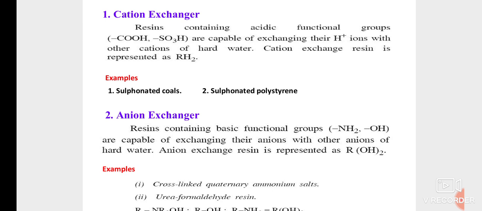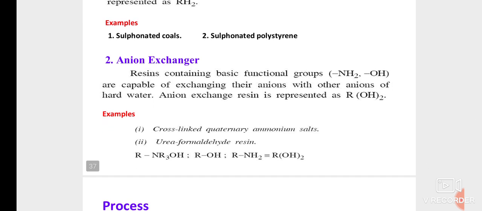The main examples of anion exchangers are cross-linked quaternary ammonium salt and the commonly used urea formaldehyde resin. In general, cation exchange resins are represented as RH2 and anion exchange resins are represented as R(OH)2.